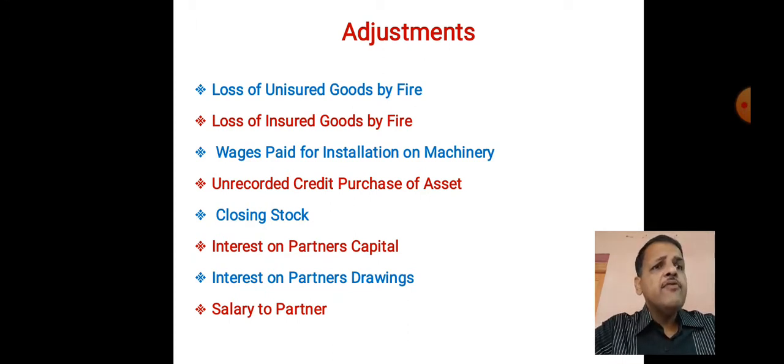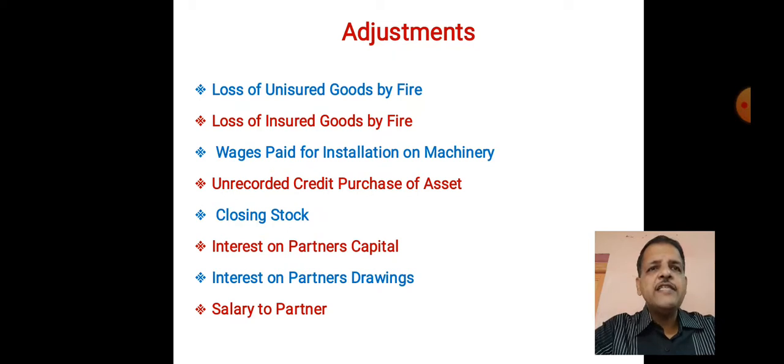Let us see one adjustment. Wages include rupees 3,000 incurred for installation of machinery. What we will do? Deduct rupees 3,000 from trading debit wages, add it to the machinery on balance sheet asset side, rupees 3,000. That effect we have to give.